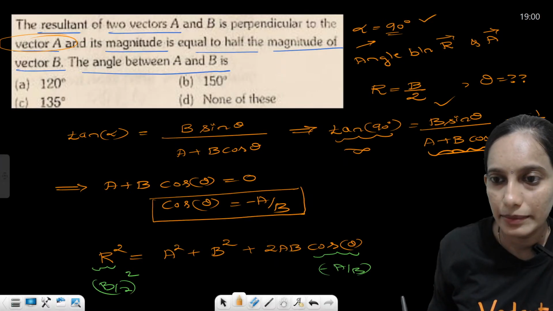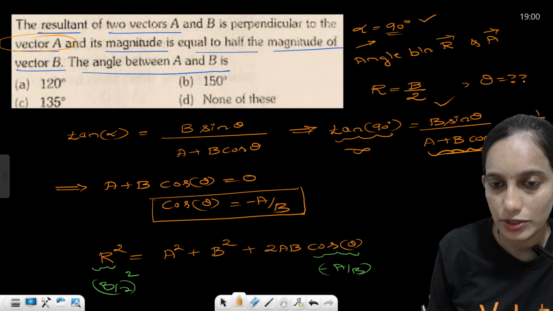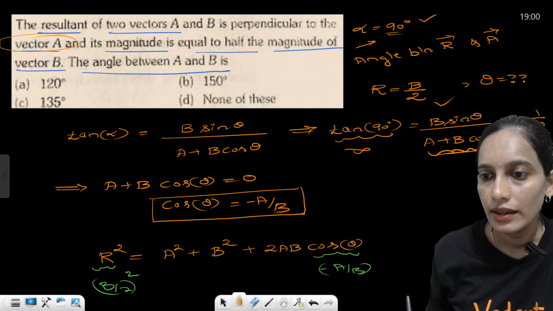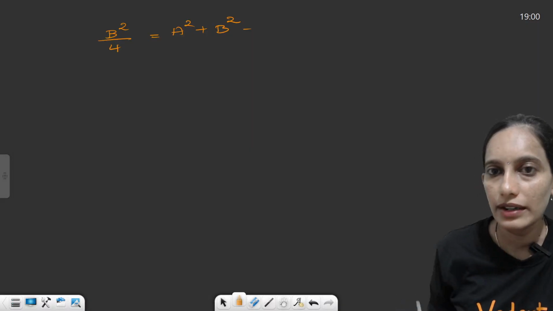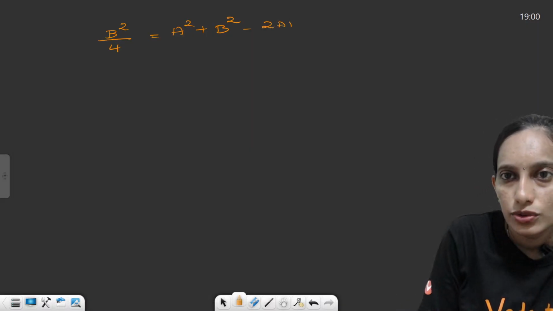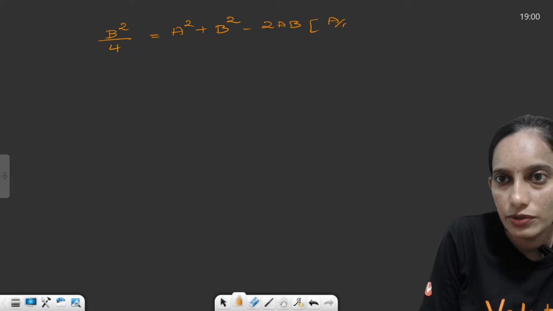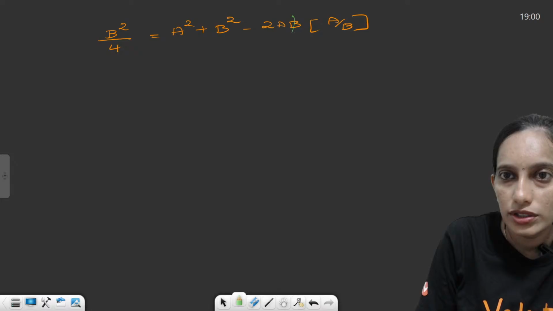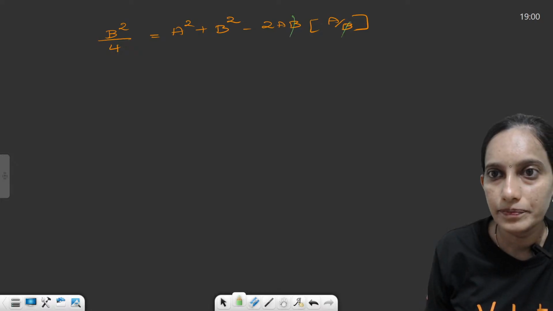minus, because there is a minus in cos theta when substituted. So minus 2AB into A by B. Again simplify. This B and this B will go away.